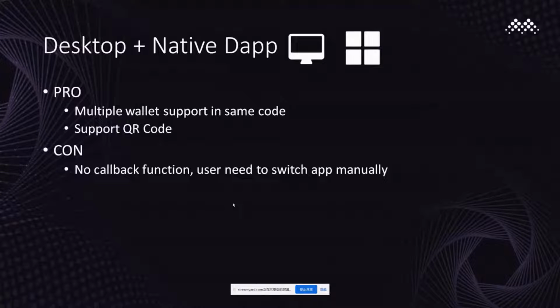This will not be a big issue for a TV, but if you are a native app on another platform, you will find that after the user signs the transaction in the wallet, it will not go back to your game automatically because there are no callback functions. This sometimes confuses users, because they have completed signing and there is no confirmation to tell them what to do next.